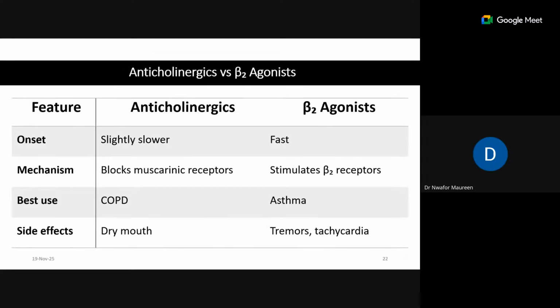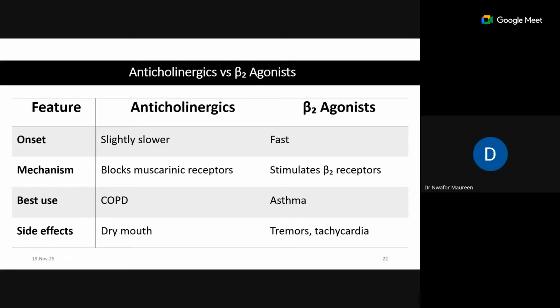In this slide, I try to compare the anticholinergic agents and the beta-2 agonists. In terms of onset of action, beta-2 agonists act very fast, unlike anticholinergics. For mechanism of action, anticholinergics block muscarinic receptors, while beta-2 agonists stimulate beta-2 receptors.